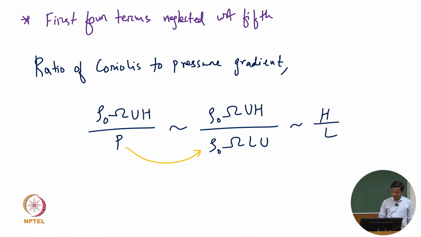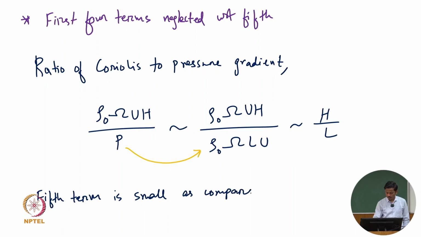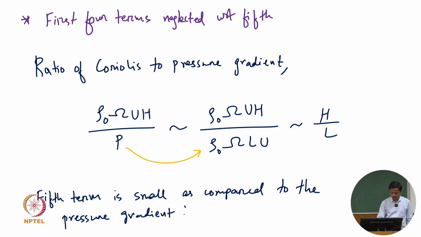So the first four terms were neglected with respect to the fifth. Now the fifth term is small as compared to the pressure gradient term in the vertical momentum equation.